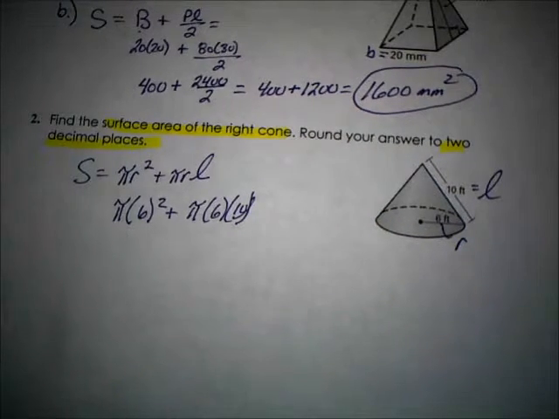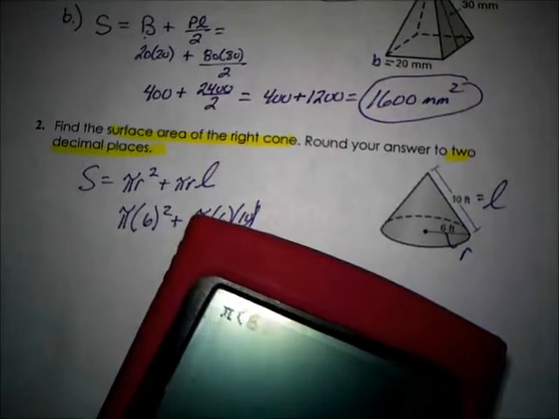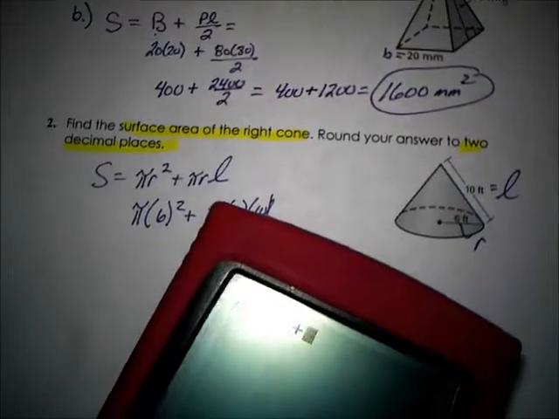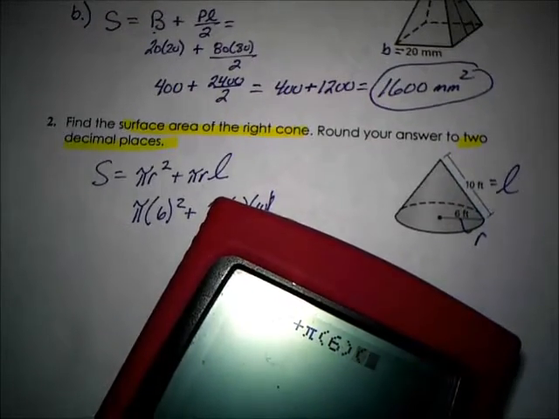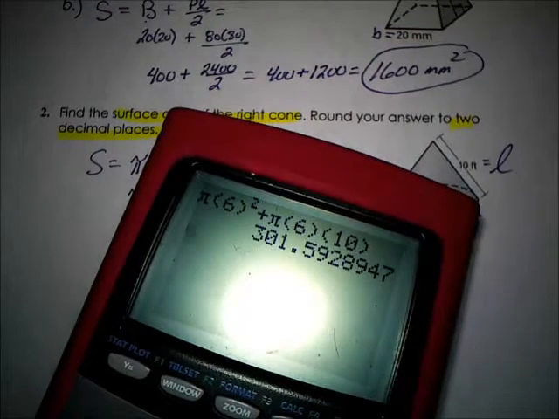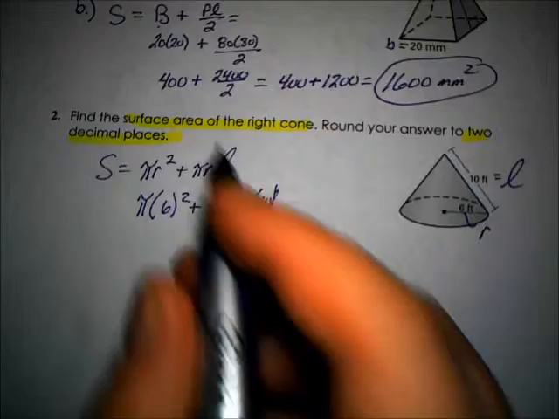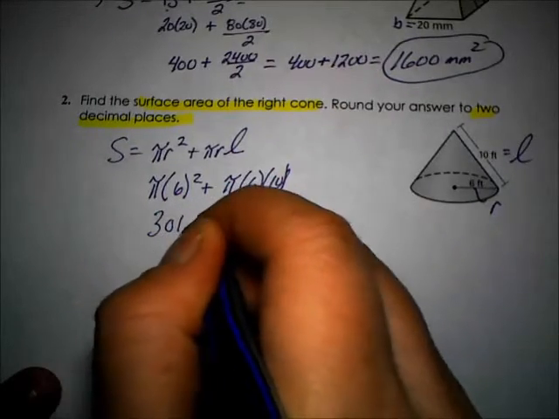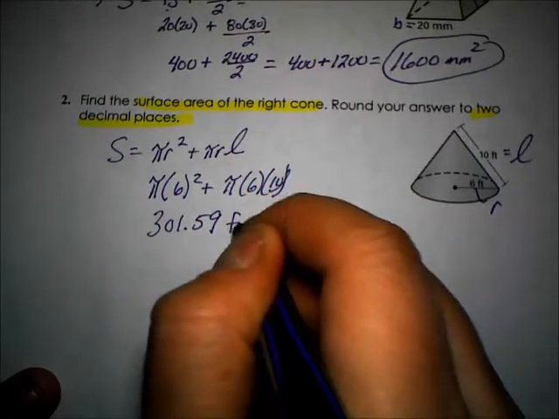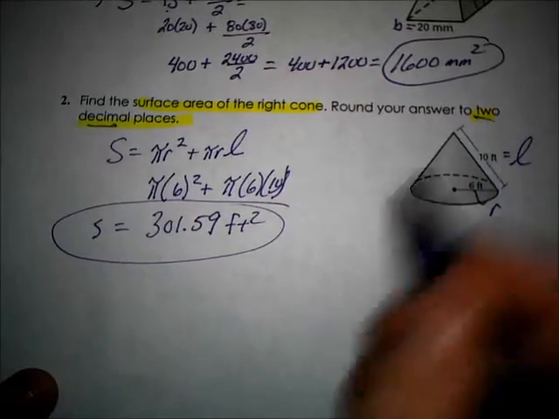And there I have to use my calculator. If I type that in, that would be 301.59. And that would be feet squared as your surface area, because it did say 2 decimal places.